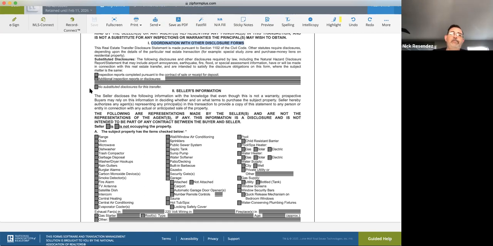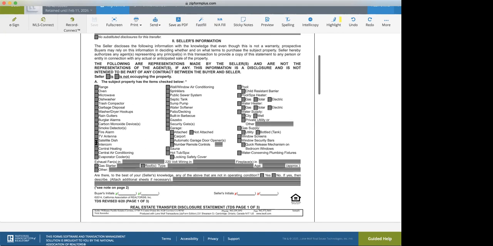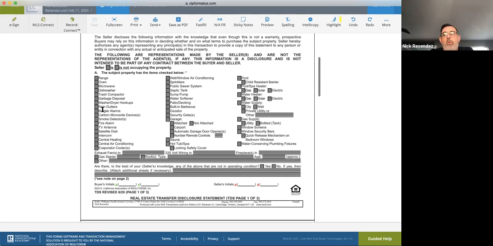Okay. Number two, it talks about seller information, and now it's going to go into first, is a seller occupying or not the property? And then section A has a whole big section here where all you got to do is check off whether or not the property has the items that are listed below.